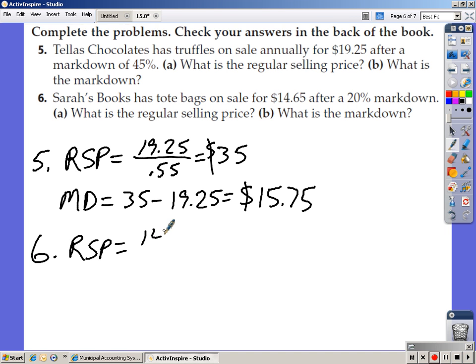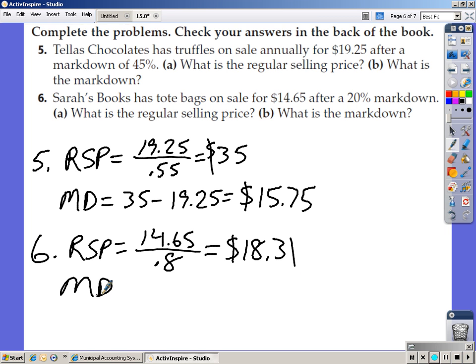Okay? Number 6, regular selling price equals the sell price of $14.65 divided by the complement of the markdown. Well, the complement of 20% is 80%, so 0.8. $14.65 divided by 0.8 is $18.31.